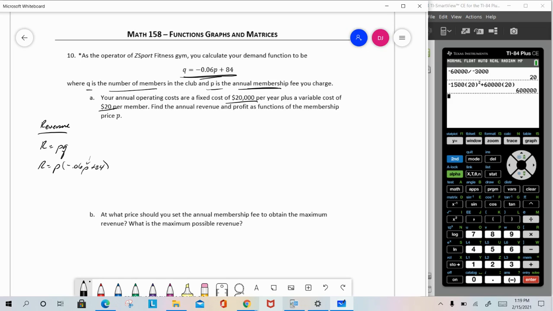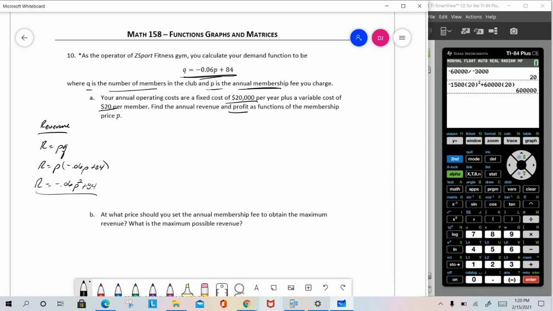Because notice, as the P increases, the amount of memberships will decrease. You raise your price, fewer people want to buy your product. That's how it works. Okay, so my revenue is negative 0.06p squared plus 84p. So that's revenue.